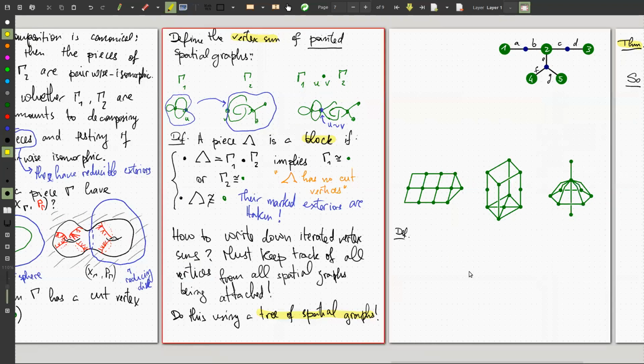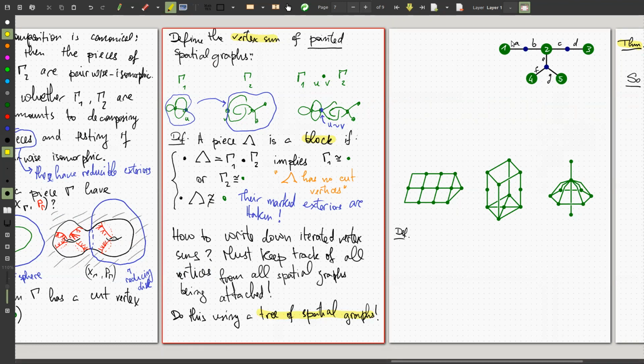So what is a tree of spatial graphs? In principle, it's just a blueprint for you to assemble a spatial graph out of smaller ones by doing vertex sums along different vertices. So I drew an example of a tree here. This is not a spatial thing. This is just a combinatorial thing.